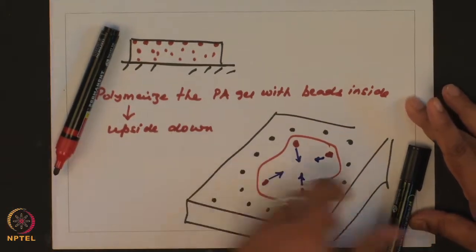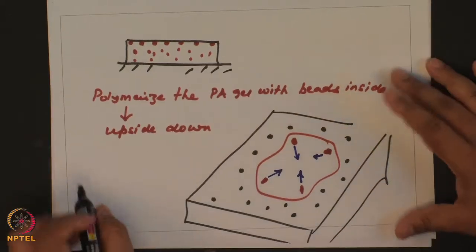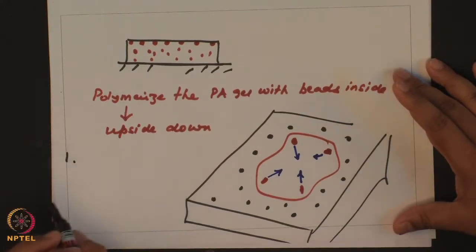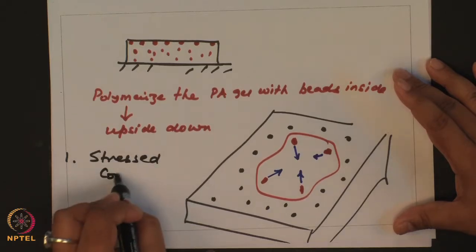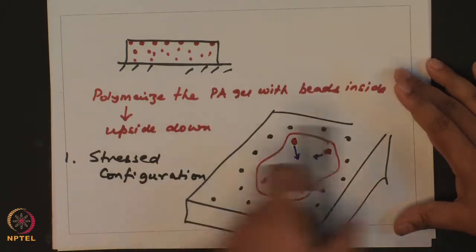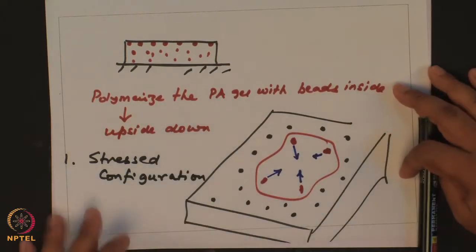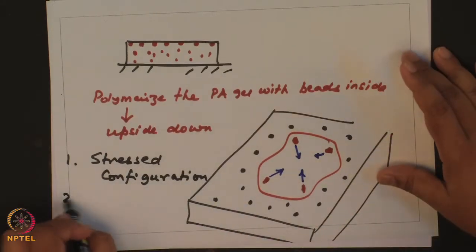So, what you do after you plate the cells on these substrates, you take one image in the stressed configuration. Imagine these black dots are the positions of the beads in the stressed configuration. Then what I do?